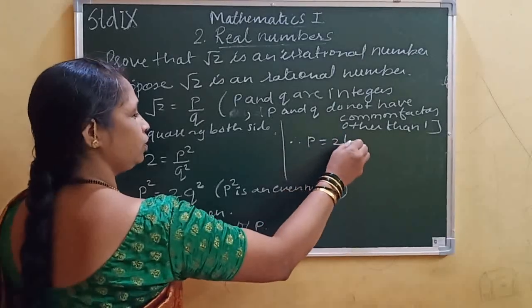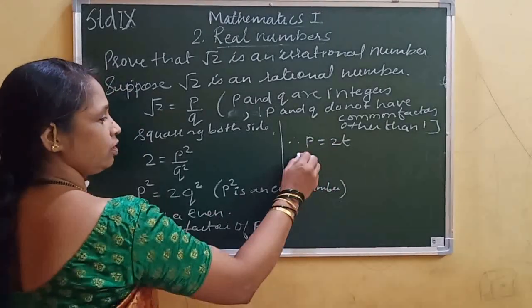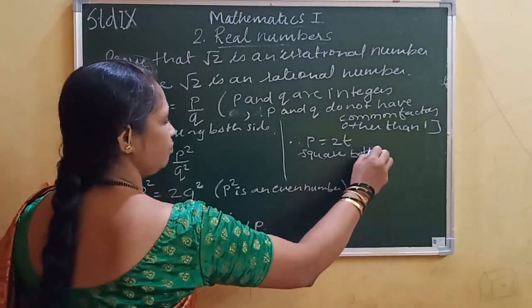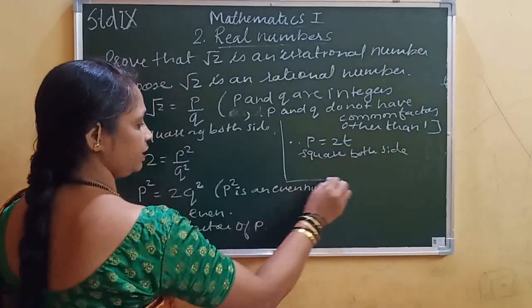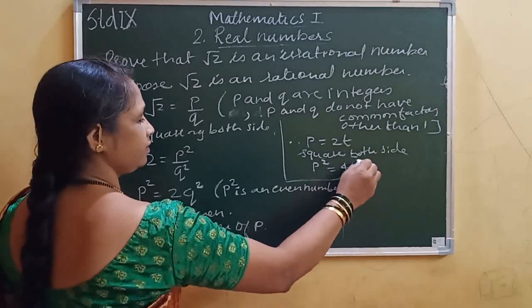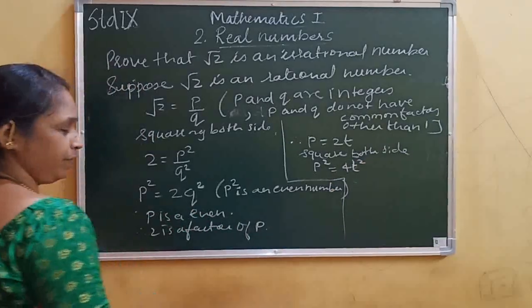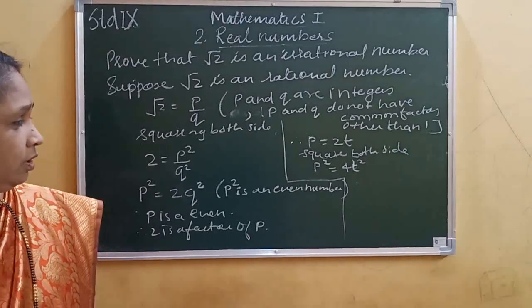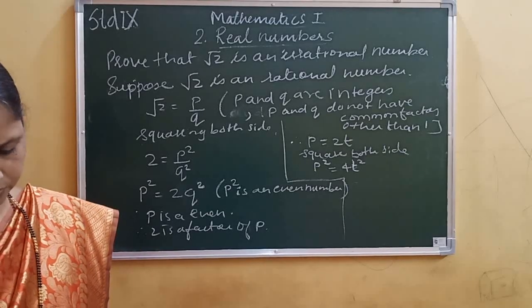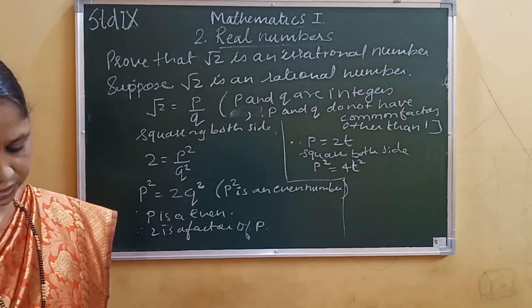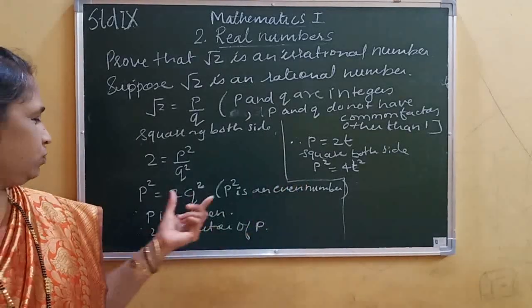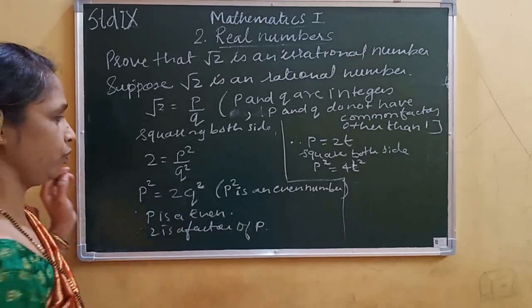Okay, now suppose we consider p is equal to 2t. Squaring both sides, what will we get? p square is equal to 4t square. Now p square we know is equal to 2q square.